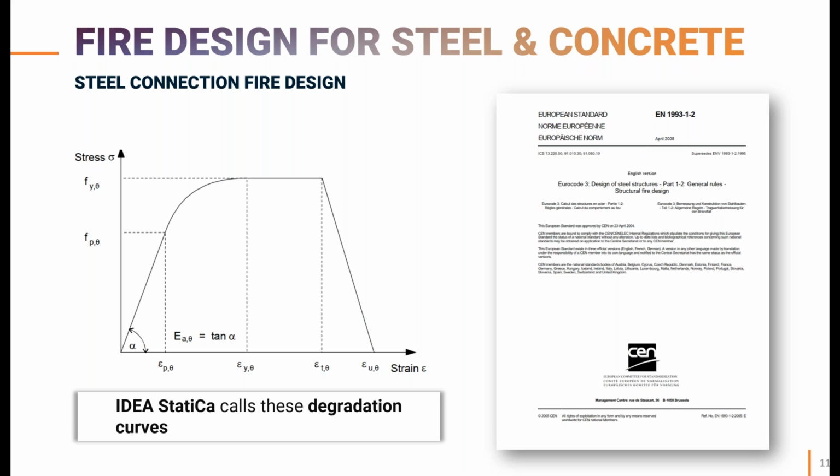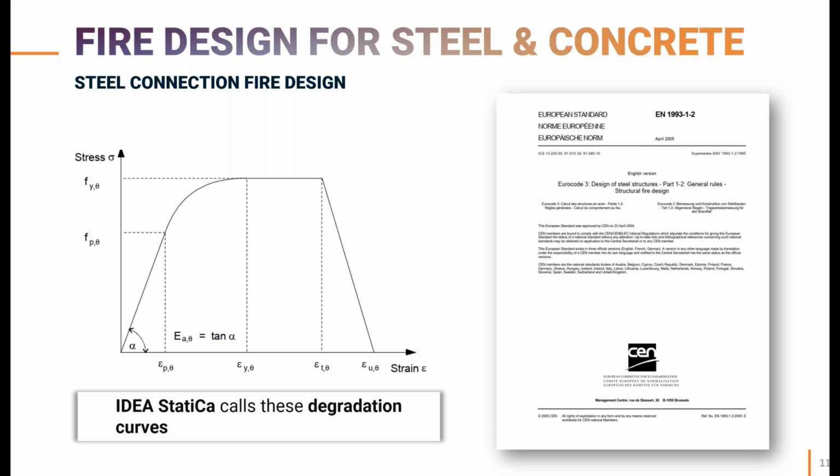Since in IDEA StatiCa, we can roughly say that we always perform a materially nonlinear analysis that employs a stress-strain curve, following the rules of this part of the Eurocode, we need to modify this curve for elevated temperatures.